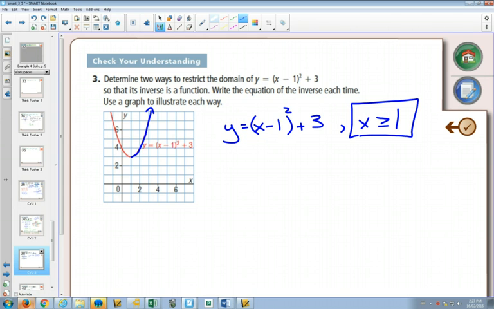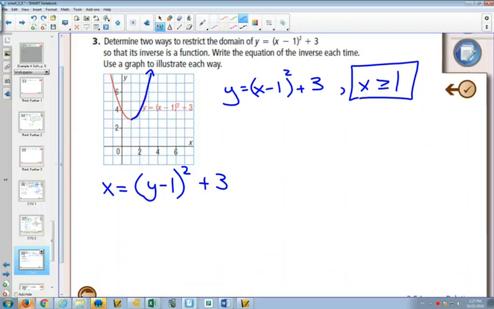Now, when we solve for the inverse in these ones, I'm going to solve for the inverse here by switching x and y right away this time. And then get the y minus 1 by itself so I can square root both sides.